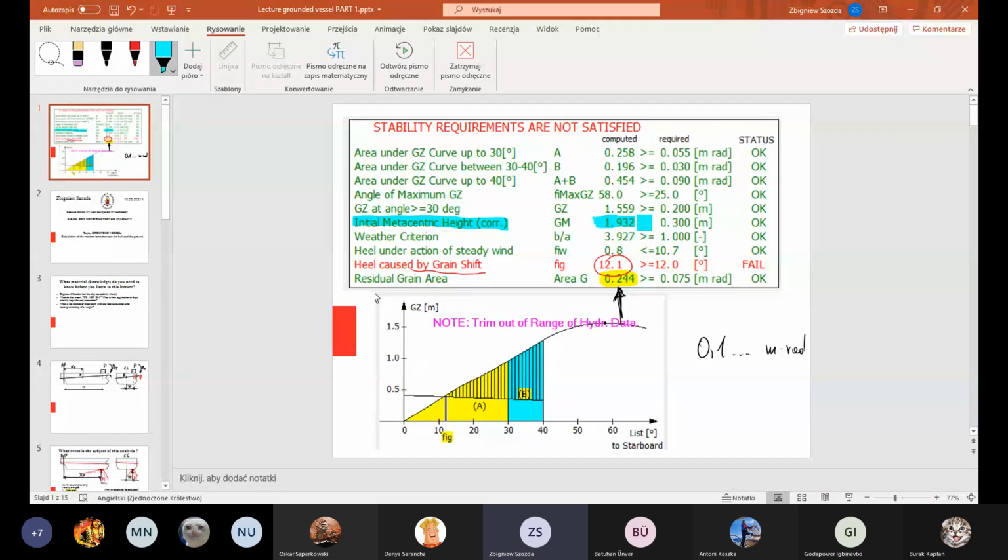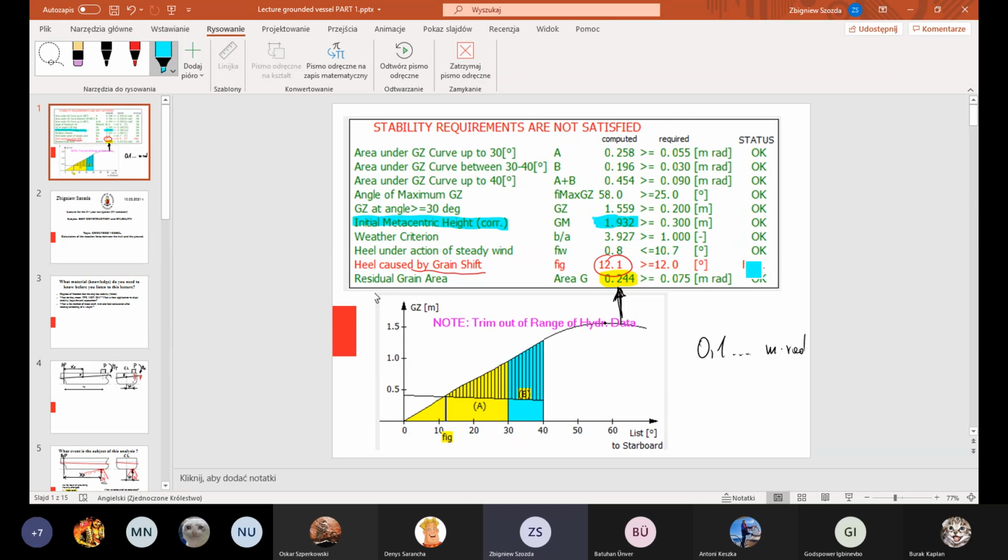Fine. Okay. So you can see results given by the computer program, and you can compare your results obtained by hand calculations, and see who was right, who was wrong.